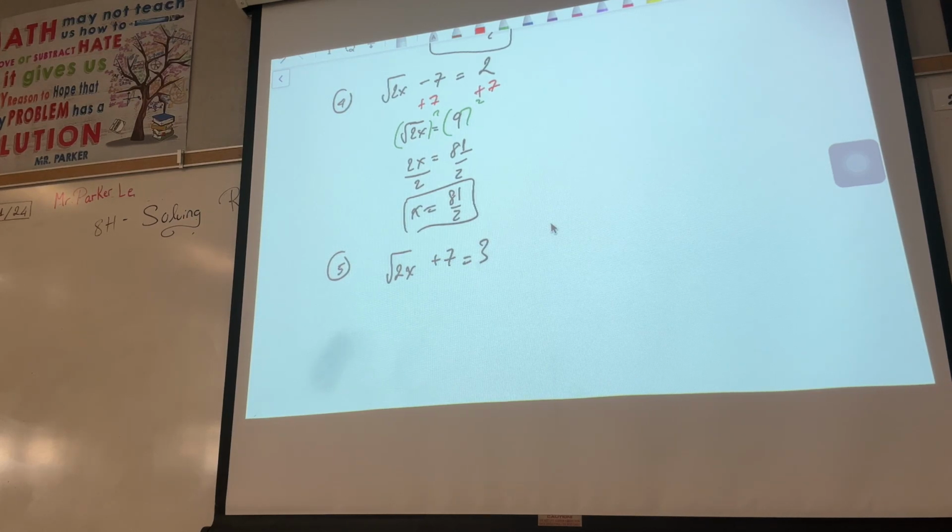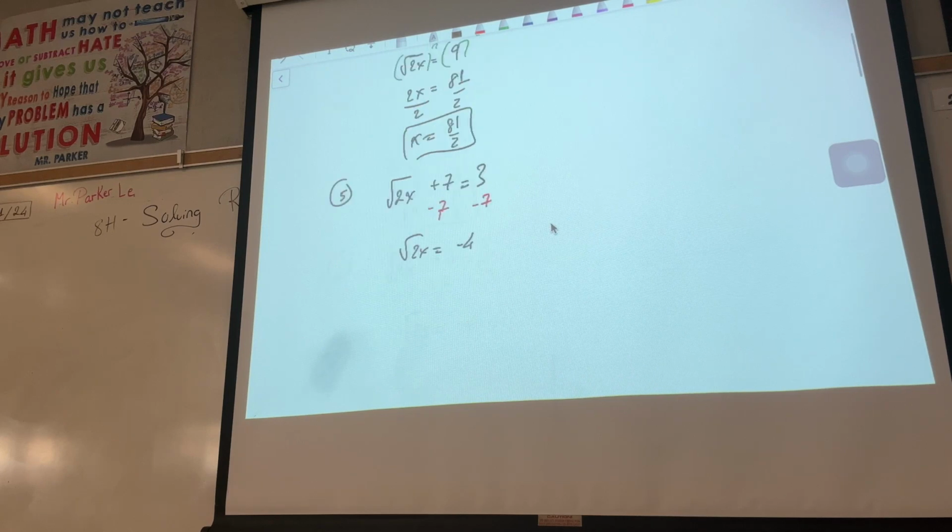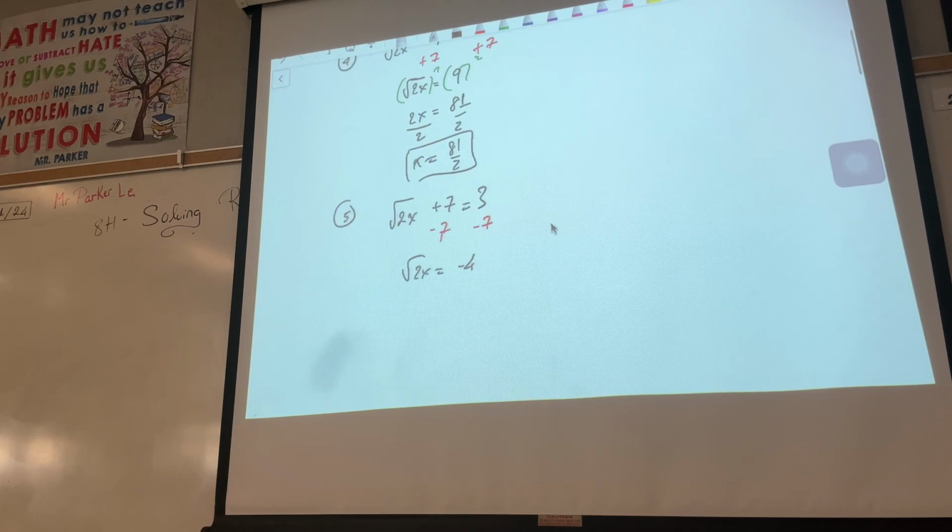Subtract 7. All right. Now, square root of 2x equal to negative 4. What else? Now you can square. 2x equal to 16. What else? Divide by 2. X equal to 8.